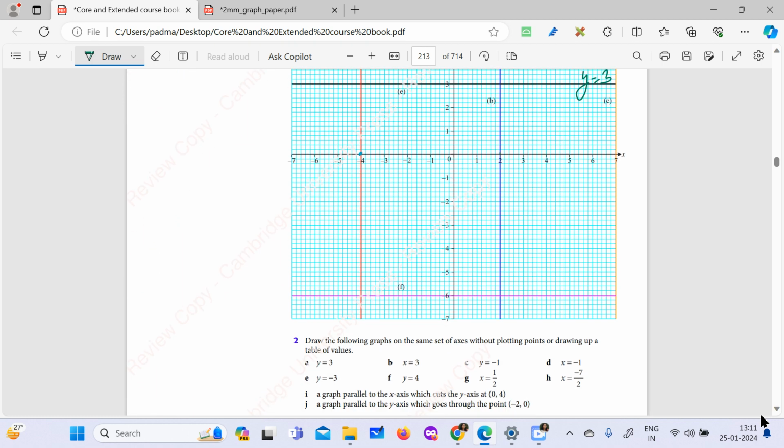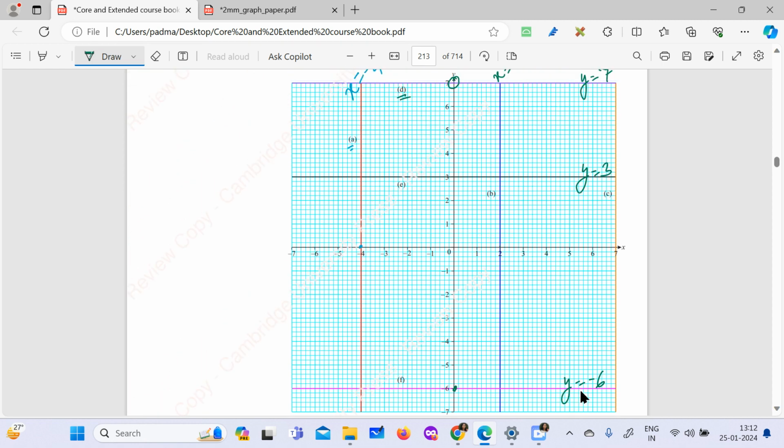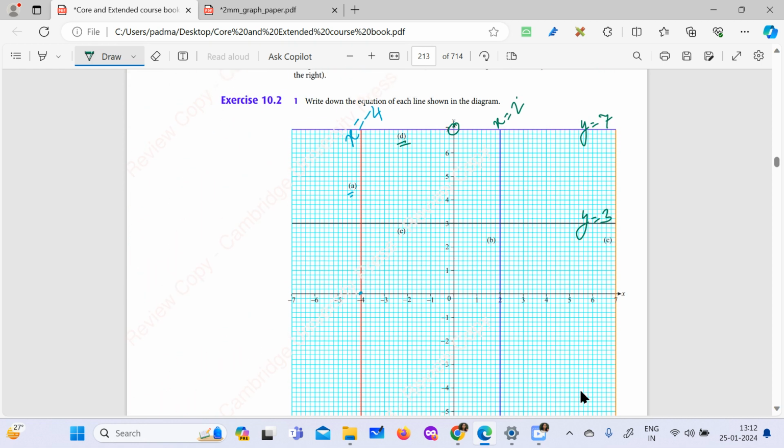You can see here the pink line is intersecting at y is equal to -6. So I will say this is y is equal to -6. I hope this is clear to all of you, how to identify the equation of a line looking at the graph when the lines are parallel to one or other axis.